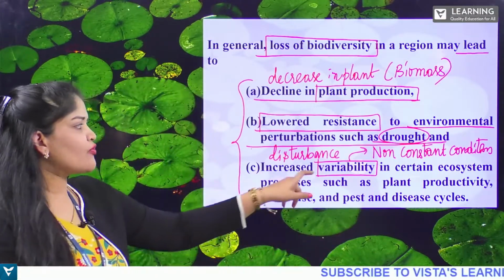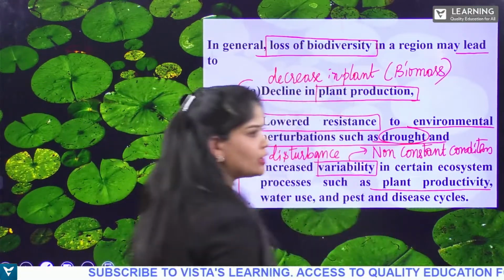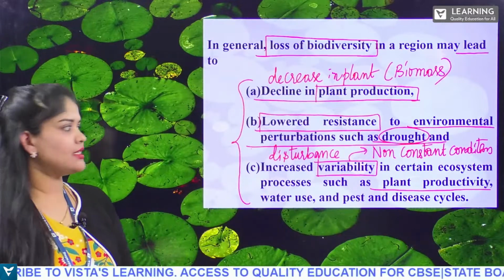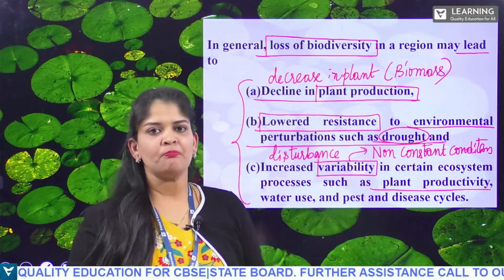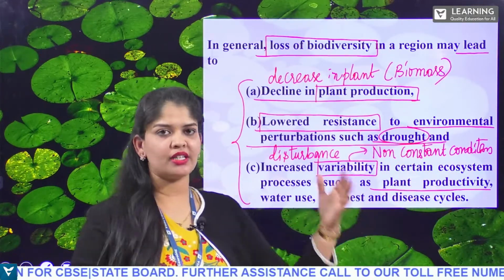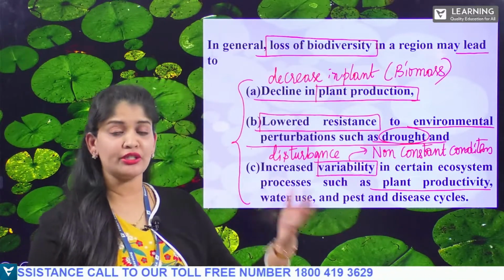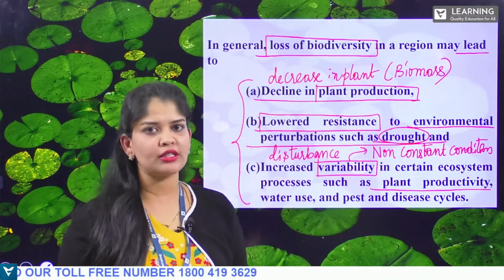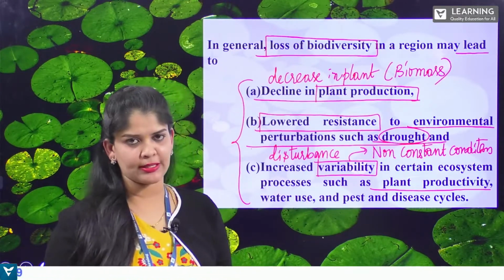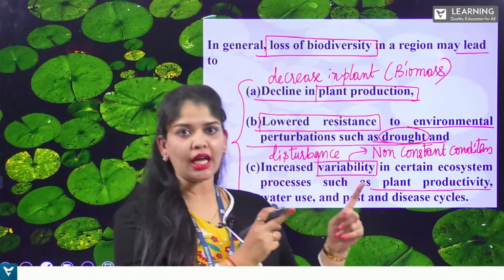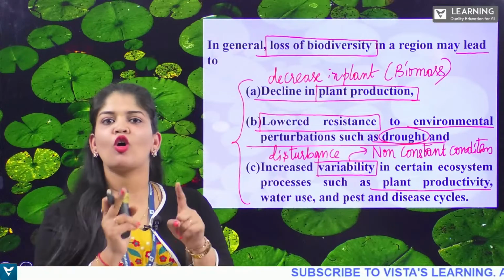Now, increased variability in certain ecosystem processes, like plant productivity. See, just now we mentioned already, plant productivity is nothing but your biomass, right? These are all the functions of the ecosystem. While discussing the functions of the ecosystem, we listed productivity, decomposition, energy flow, and nutrient cycling. So the producers will produce, that means they perform photosynthesis. If there are changes happening in the environment, it is going to show its effect on the productivity of the producers.